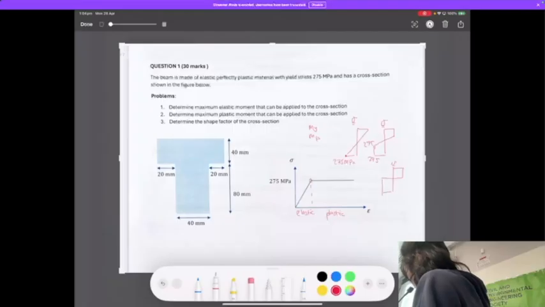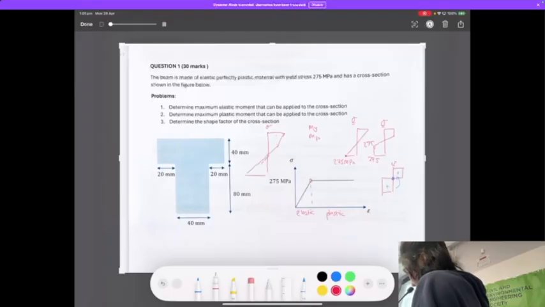The best way to do it is to take the area here, take this, and sum it around. For this question in particular, the stress distribution looks something like this, where you have a stress and then it gets larger like that.